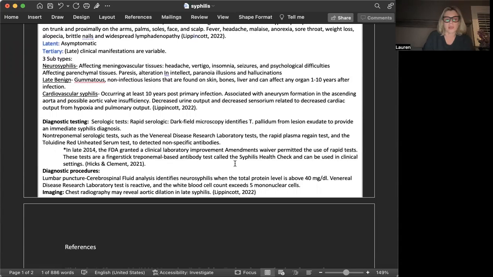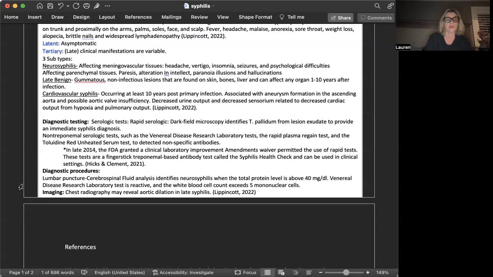What I wanted to really highlight here is that in late 2014, the FDA granted a Clinical Laboratory Improvement Amendments waiver, and this permitted the use of rapid tests. These tests are done by a finger stick and called a syphilis health check, and it can be used in a wide variety of clinical settings.